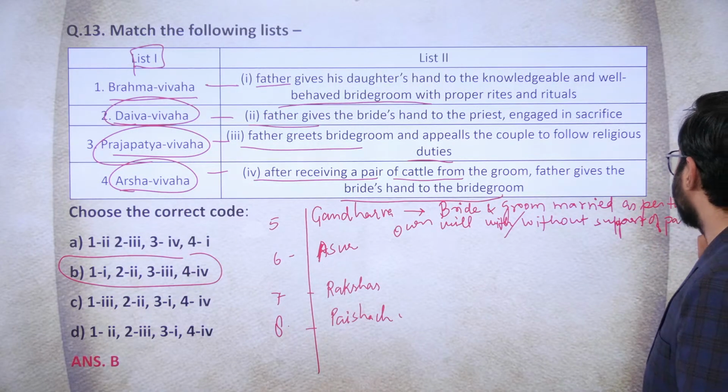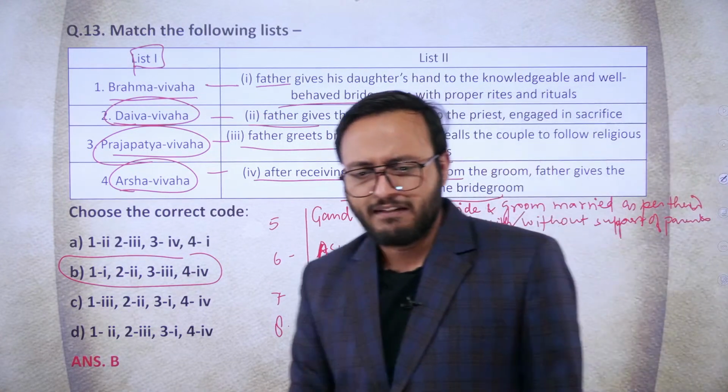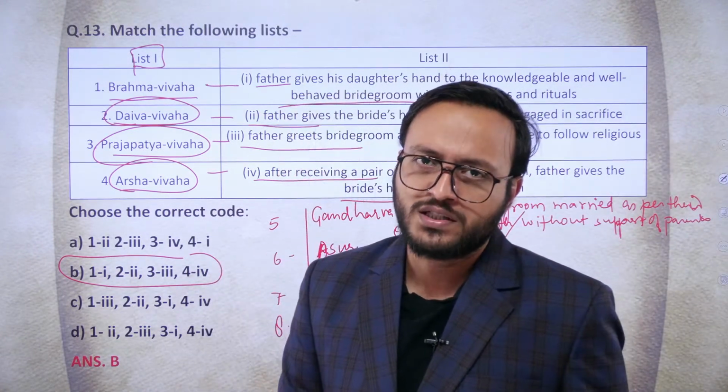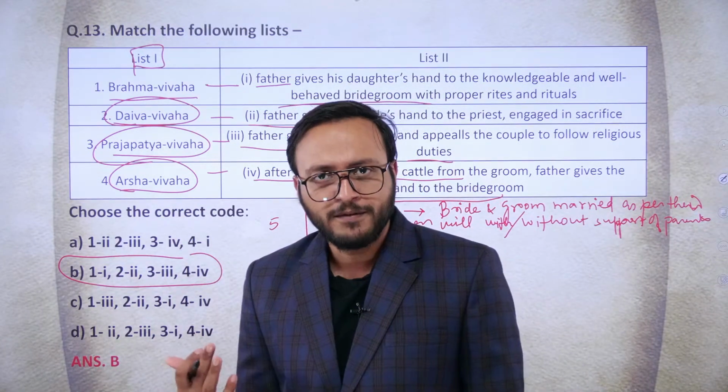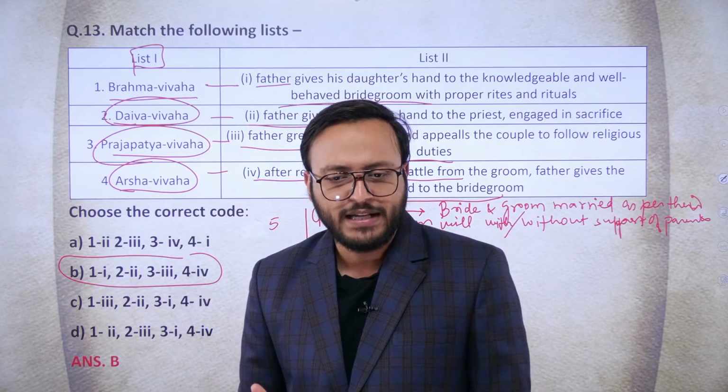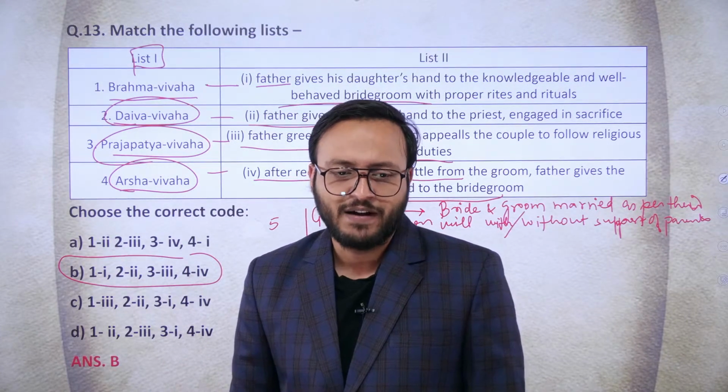So, in short, you can say that it is like the typical love marriage where the family members do not support, and in that case the boy and the girl both used to elope and then get married together. That was the Gandharva Vivah.